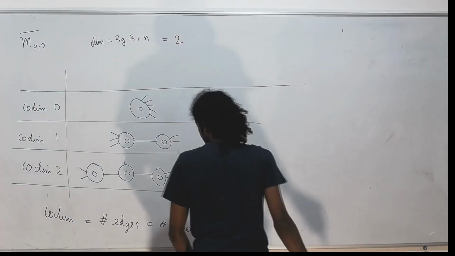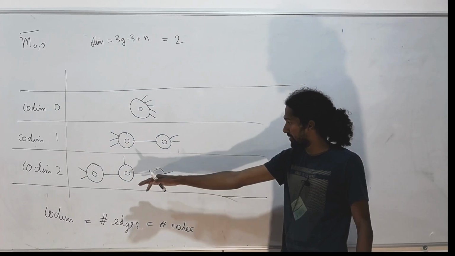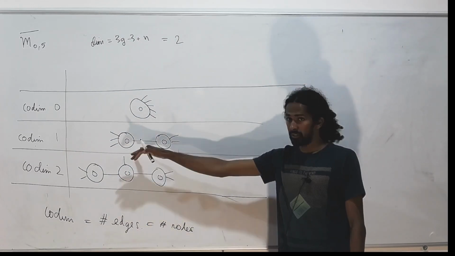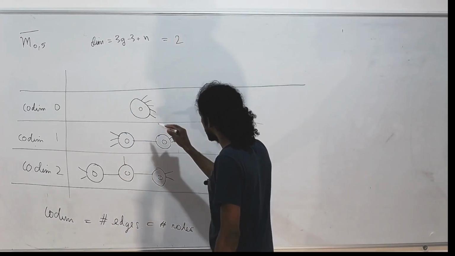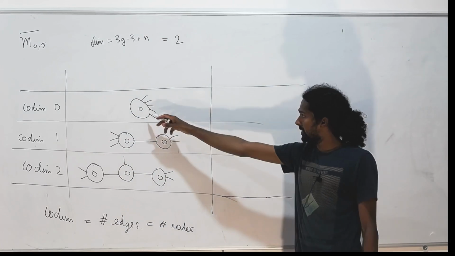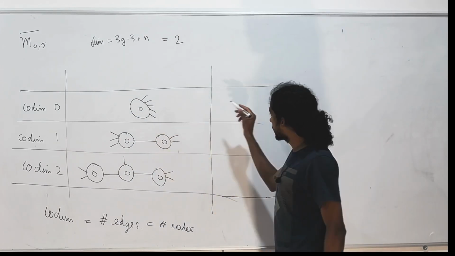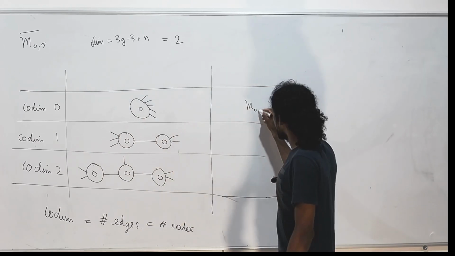And the second observation is that all of the strata are parameterized by moduli spaces themselves, lower dimensional moduli spaces. So what do I mean? This one we know: it's a smooth curve of genus 0 with 5 marked points, M_{0,5}.